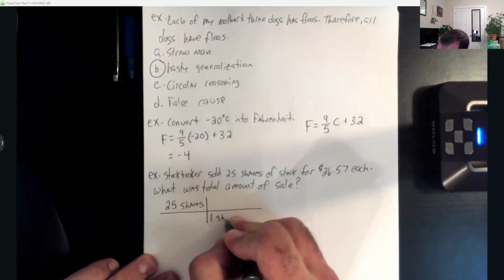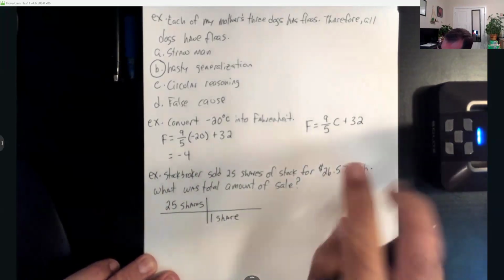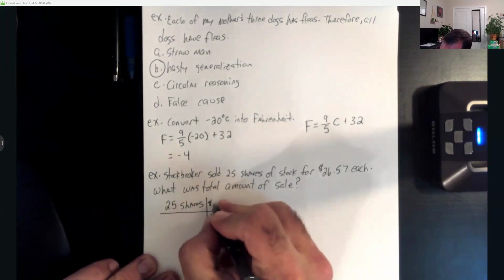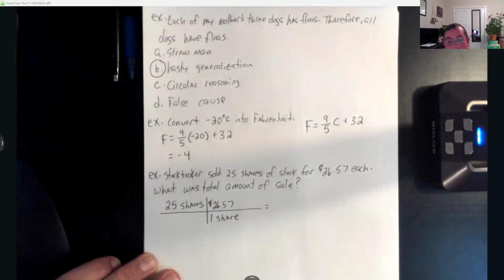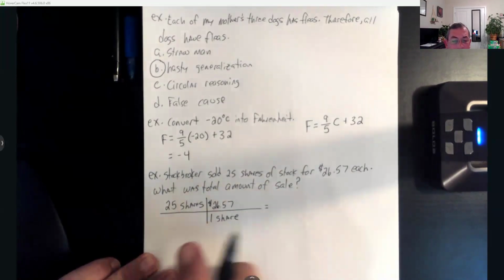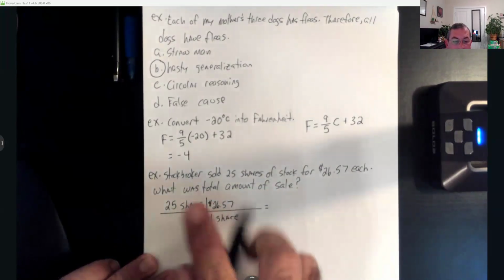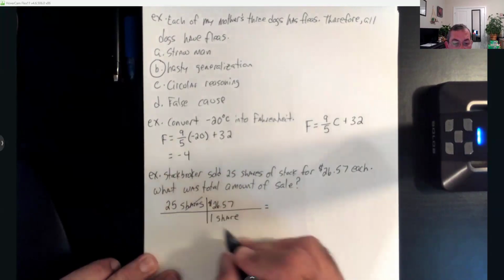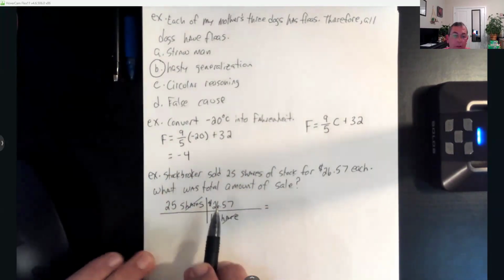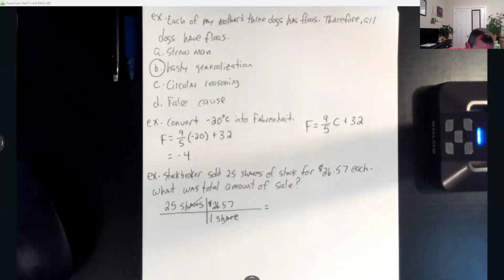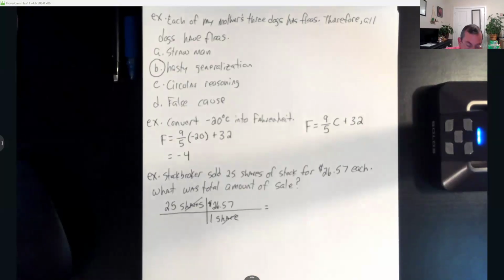So one share sold for 26.57. Since I'm looking for the total price, notice how the shares cancel out and I'm left with my money values. So basically we're just going to take 25 times 26.57.